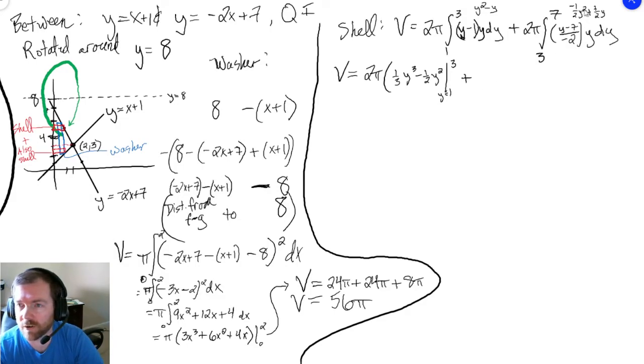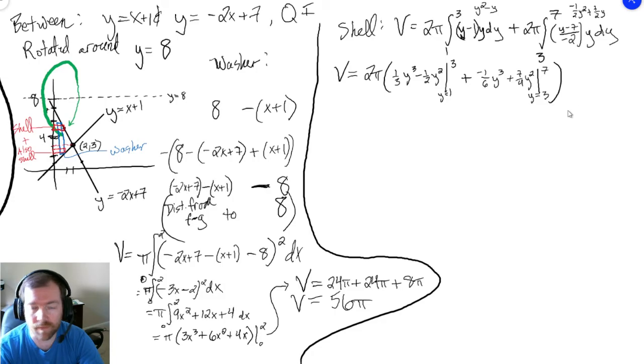Let's keep that consistent. So take that integral, it's going to be negative 1/6 y cubed plus 7/4 y squared. And this one is evaluated where y goes from 3 to 7.